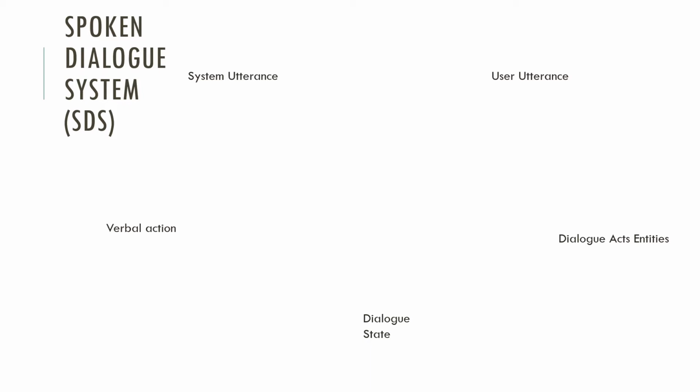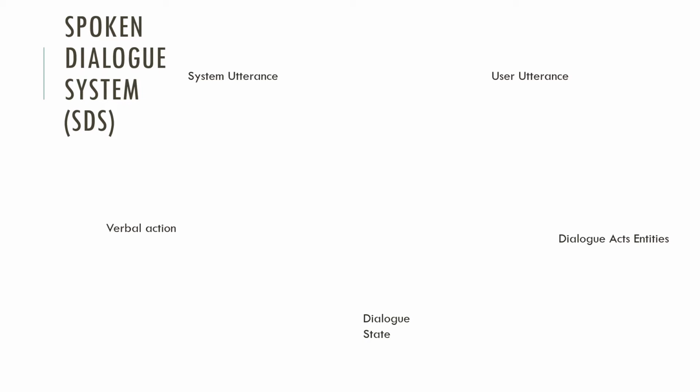So the user will speak as if he was having a normal conversation, and the system should respond in such a way that it seems like he's having a normal conversation with another human. A task-oriented spoken dialogue system is the same idea, with the one exception that the user is speaking to the system in order to accomplish some task, as the name suggests.